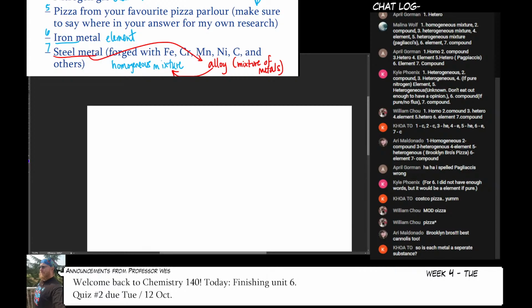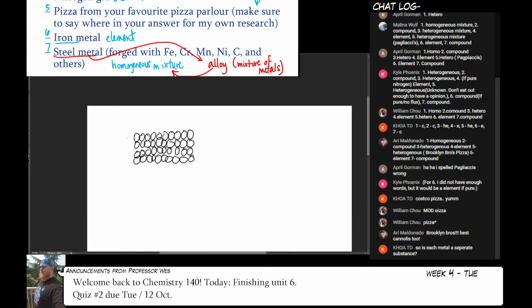So what an alloy looks like at the molecular level would be, and this should actually work today because I rebooted my computer. So if this was my alloy where all my atoms were crystallized together, we'll assume that I'm drawing a regular solid because I'm not perfect at this.